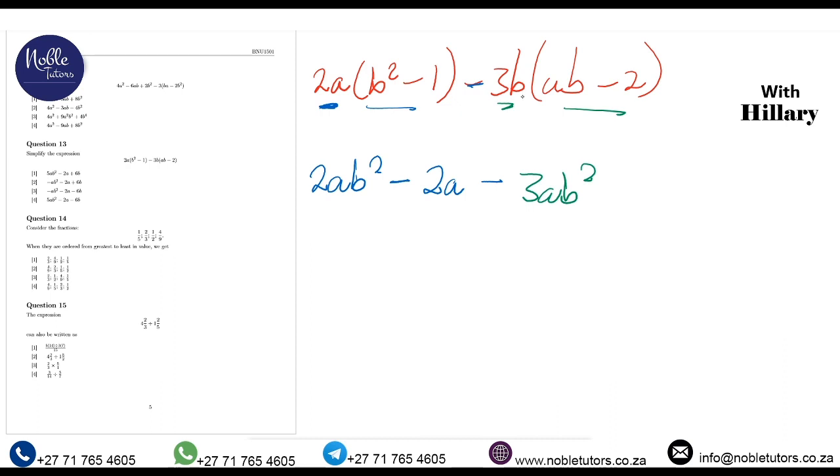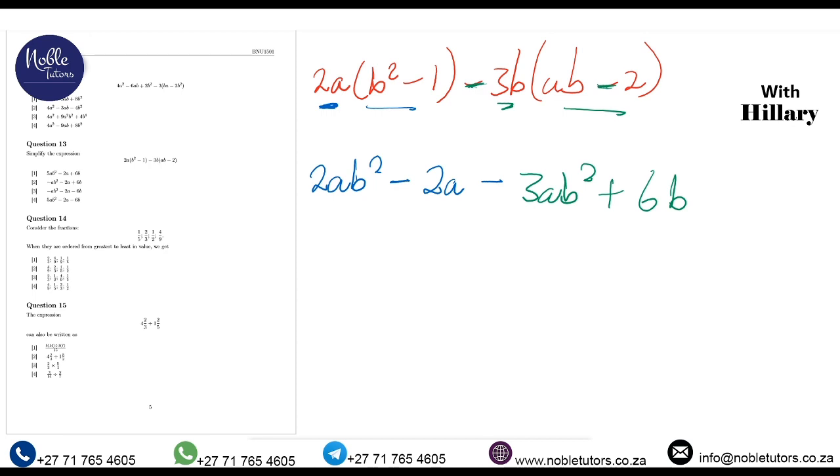Then minus 3b times minus 2 will give us plus 6b. When you are multiplying negative numbers, they will give us a positive answer. Having said that, that's the first step.